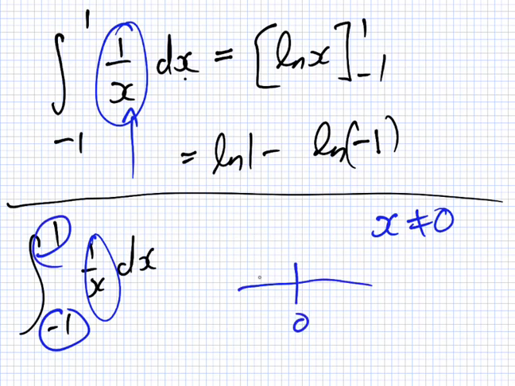So there's 0, there's minus 1, and there's 1. You start at minus 1 and travel to 1 and ask yourself, do I ever hit any points I cannot use? What point do you hit? 0. So this one here we cannot solve. No answer.